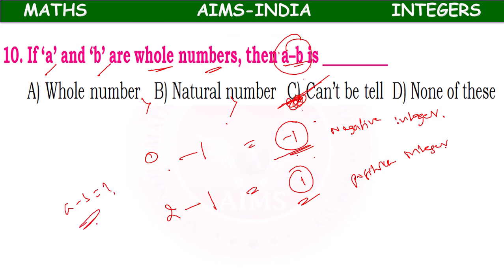If you know the values of A and B, we can tell if it is a negative or positive integer. Without them, we cannot guess the nature of A minus B. So the answer is: can't be told.